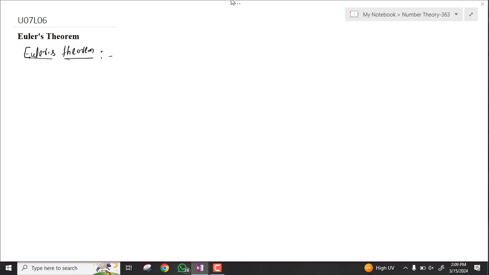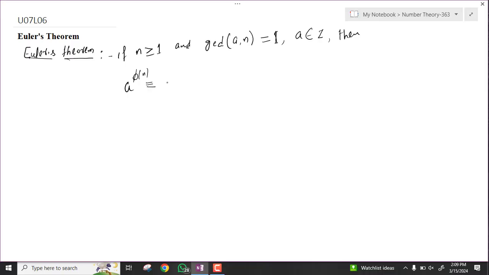If n is greater than or equal to 1 and GCD of a and n equals 1, where a belongs to Z, this means a is an integer, then a power phi of n is congruent to 1 modulo n.